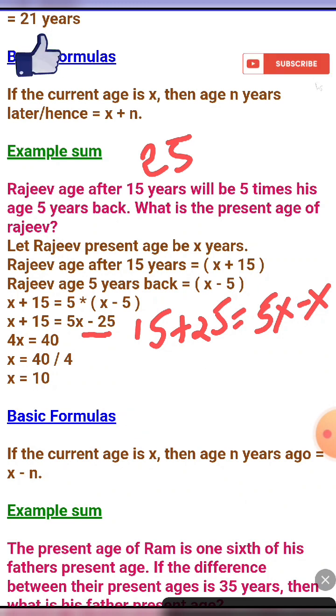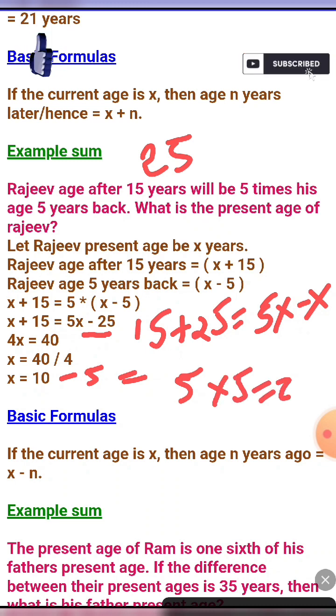It will be 5 times his age 5 years back. 10 minus 5 is equal to 5. 5 times his age 5 years back, which is 5, is 25. So we have proven it correctly.